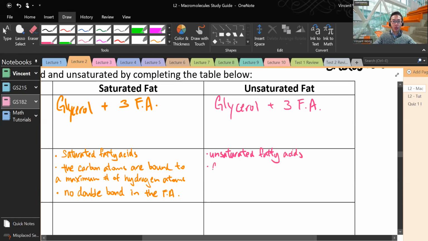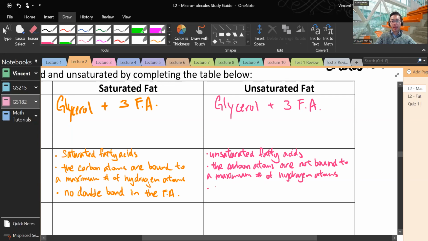In this case, the carbon atoms are not bound to a maximum number of hydrogen atoms.